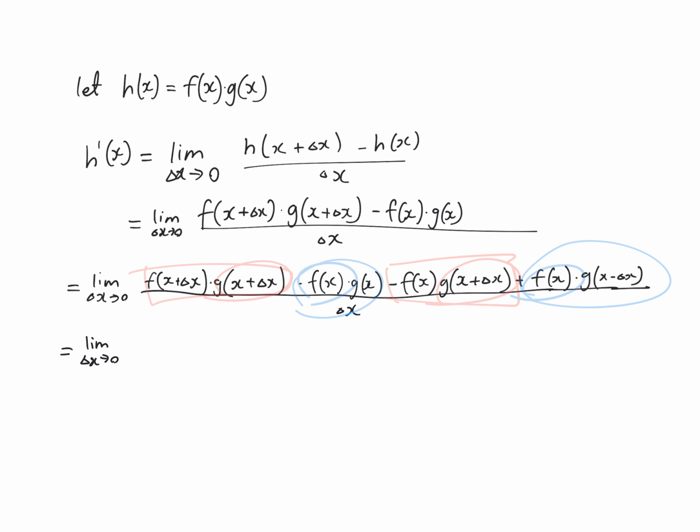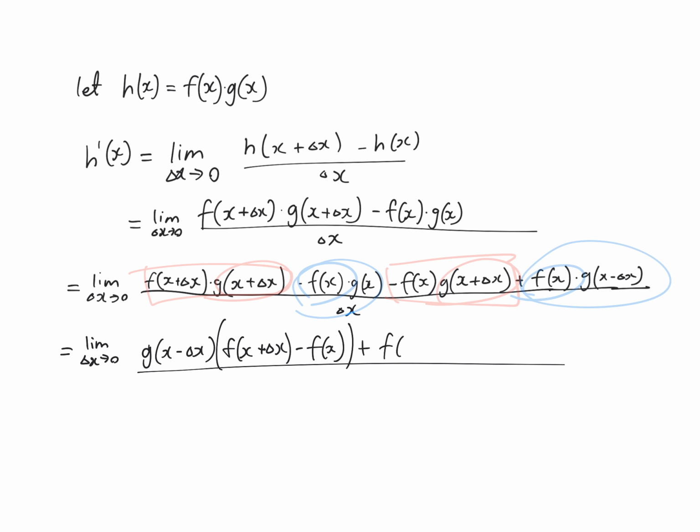So we get g of x plus delta x times this big chunk, f of x plus delta x minus f of x, plus f of x multiplied by g of x plus delta x minus g of x.